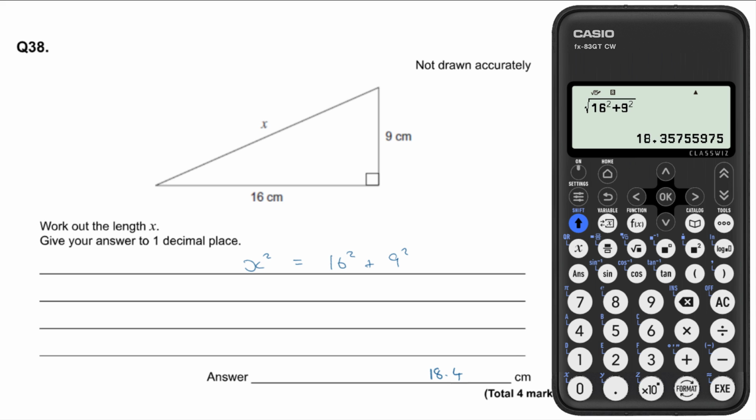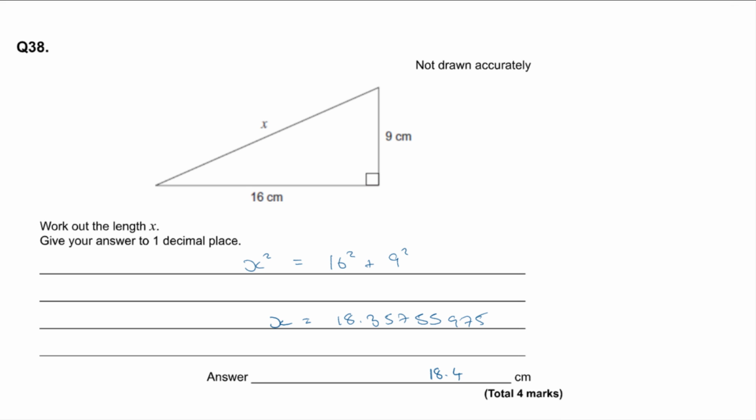Now, if you are not very good at rounding, then just write the whole thing down first. So you know yourself if you get these wrong often, when you round the wrong way or whatever. If you write your whole calculator display down, can you notice this is worth 4 marks? The rounding part is only worth 1 mark, okay?